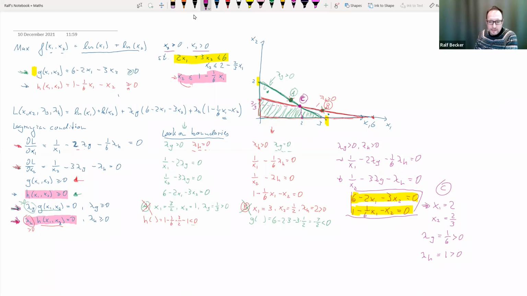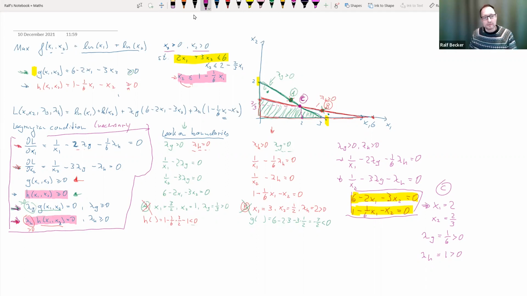It meets all the six Lagrangian conditions. So we know that Lagrangian conditions are always necessary conditions, but sometimes they're also sufficient. When are Lagrangian conditions also sufficient?